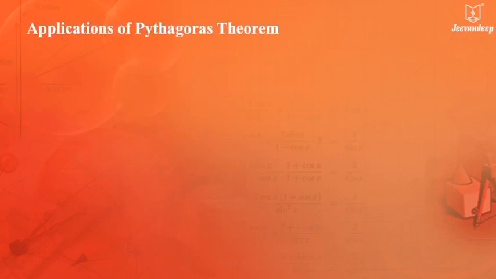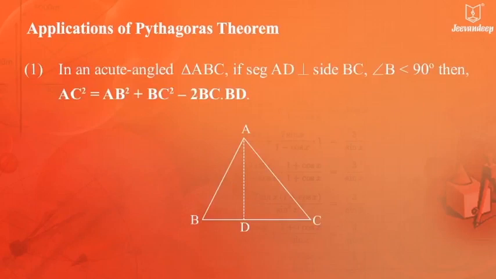Applications of Pythagoras Theorem. 1. In an acute angled triangle ABC, if segment AD is perpendicular to side BC and angle B is less than 90 degrees, then AC square equals AB square plus BC square minus 2BC BD.